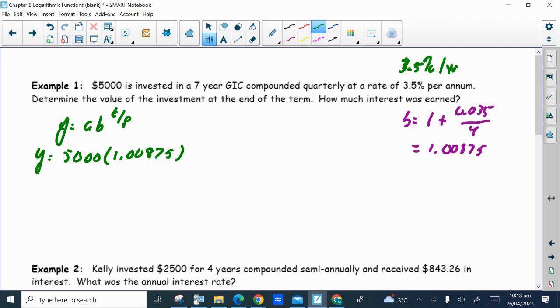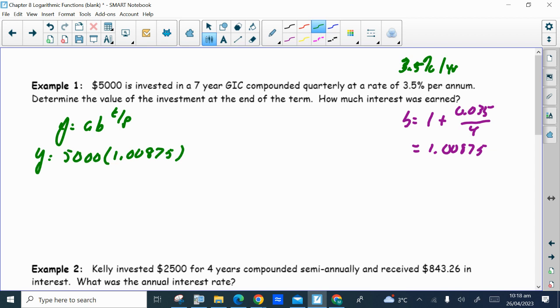Now in this case here, it's a 7-year GIC, but it's compounded quarterly. Remember, T and P have to be in the same units. So there's a couple of different ways you can think about this. If it's compounded quarterly, which is 4 times a year for 7 years, that means you're going to have a total of 28 times the interest is calculated.